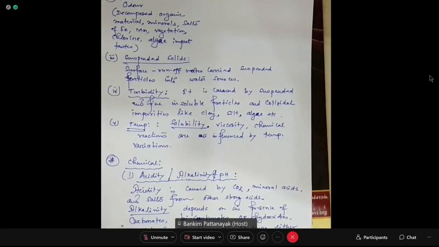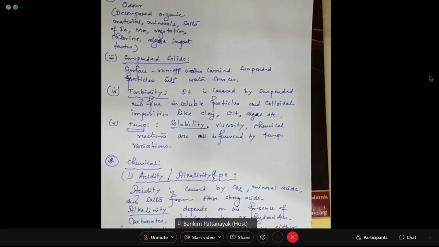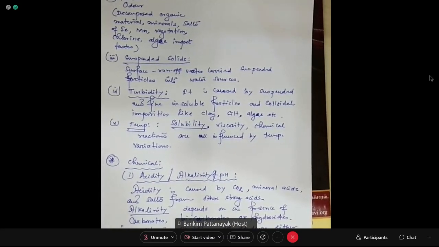Number 2, another important chemical factor, is called hardness. If the hardness is more, the saponification becomes less.